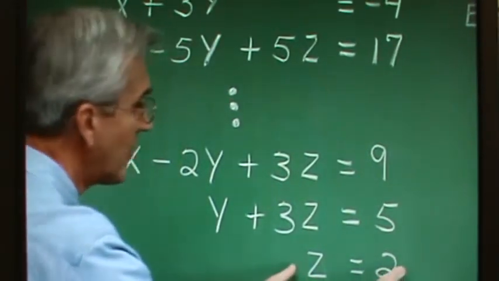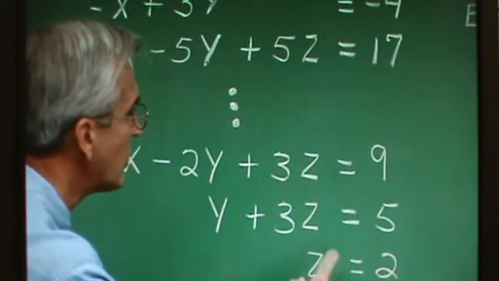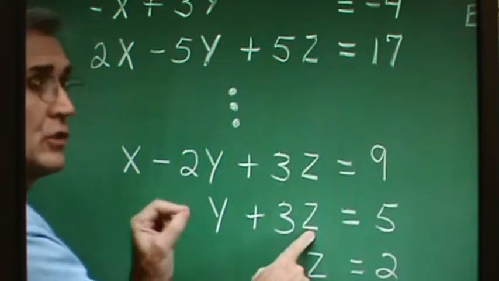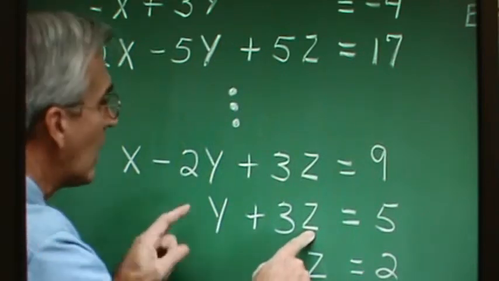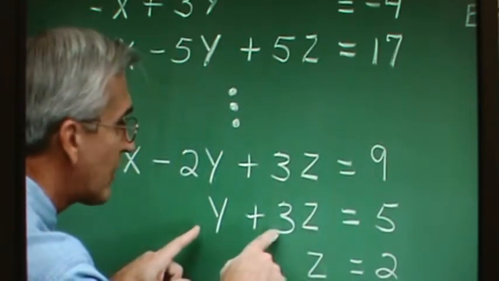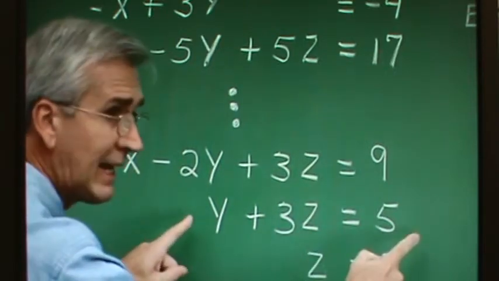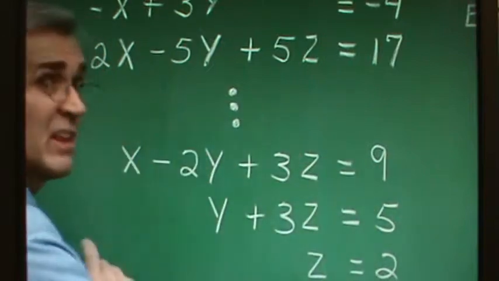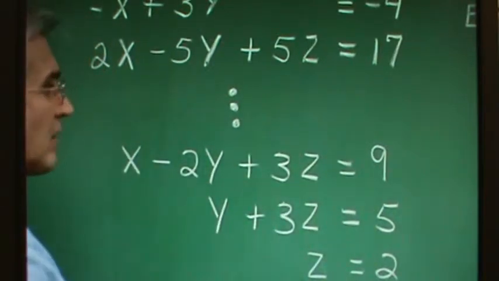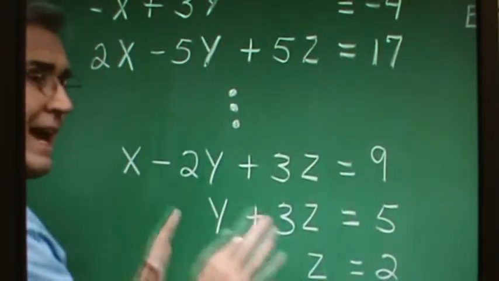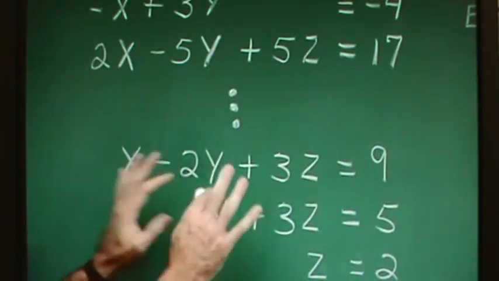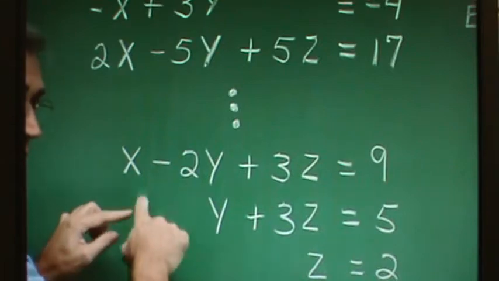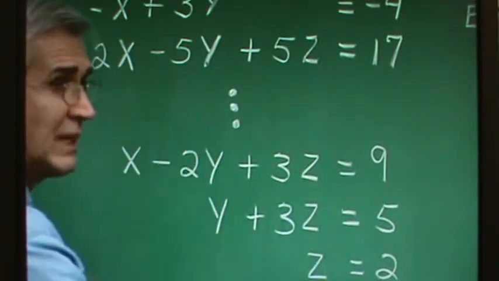Because it's simply z equals 2, we can substitute back into the previous equation, the equation involving two variables. If z is 2, then 3 times 2 is 6, and we find y to be -1. And if y is -1 and z is 2, then we can substitute into this one and find the value of x rather easily. So this is just a strategy of arranging our equations and eliminating certain parts of the system so that we can back substitute easily.